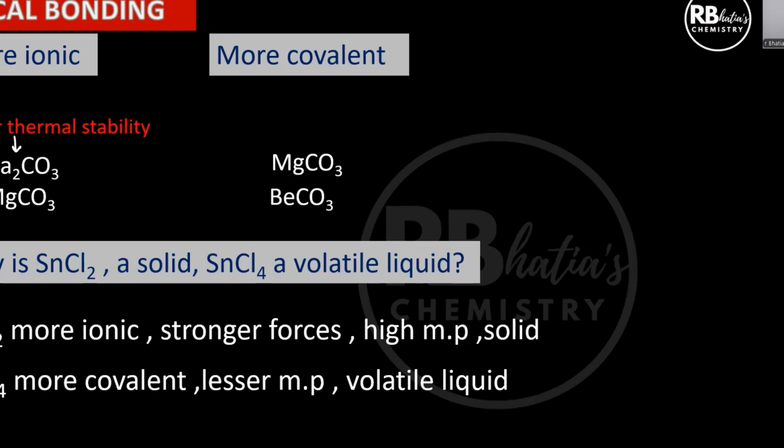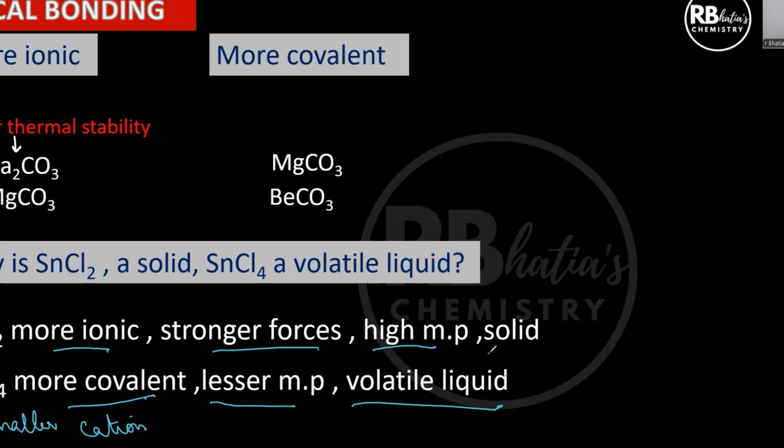Higher positive charge means a smaller cation, and smaller cation means more covalent, and more covalent means lesser melting point because ionic compounds have more melting point. Lesser melting point means it is going to have its physical state as a liquid, a volatile liquid. Whereas SnCl2 is going to be more ionic, which means stronger forces, which means higher melting point and hence a solid at room temperature.